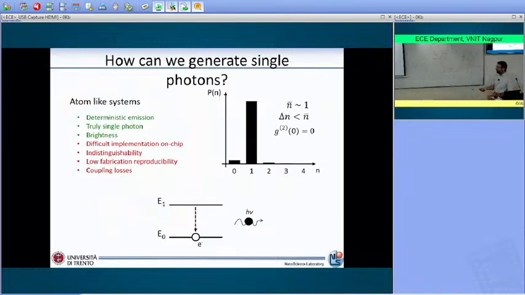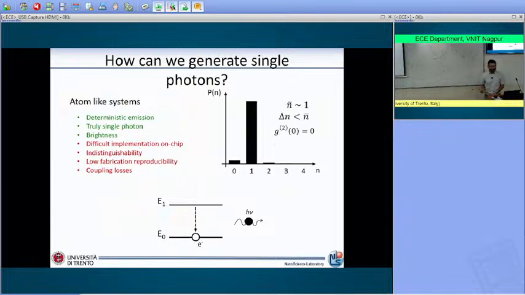We use an atomic system. Okay, so what we do is that we have a 2-level system, like in a quantum dot, like in an atom, like in a defect center. There are many implementations of this 2-level system. In this case, we simply excite the electrons to the high energy level, and the relaxation of the electrons generates 1 photon.